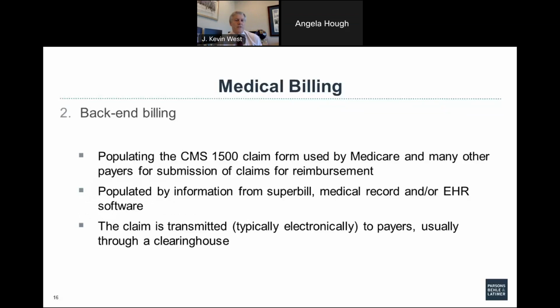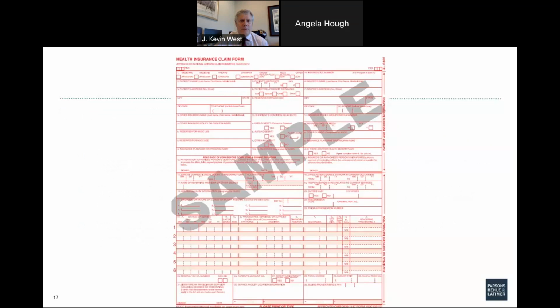The back office billing functions, really the billing staff functions, have to do with filling out the CMS 1500 claim form, which I'll show you a picture of in a moment. This is the form which is used by Medicare and is kind of the industry standard for the submission of claims for reimbursement. I'll just throw up a picture of that right here. As you see, this form has many boxes.